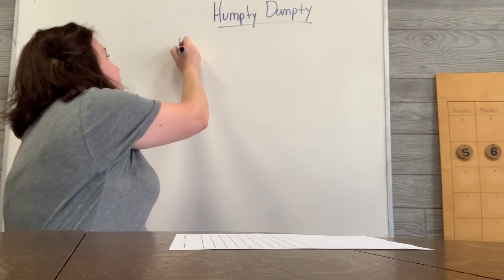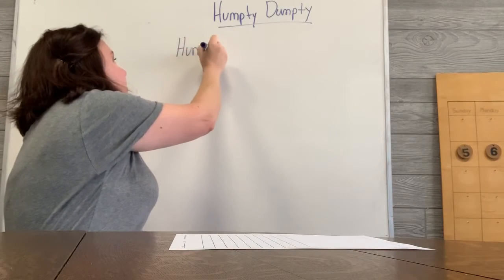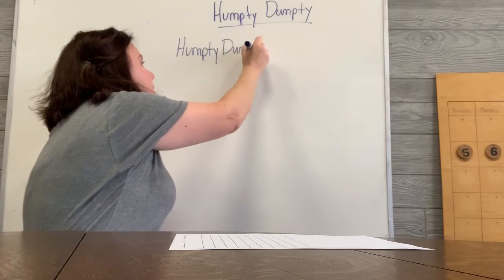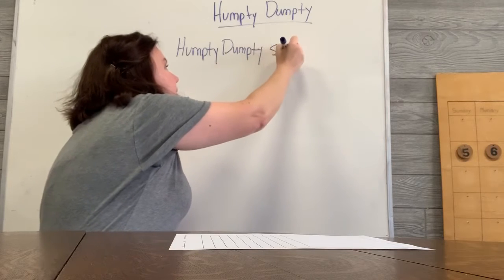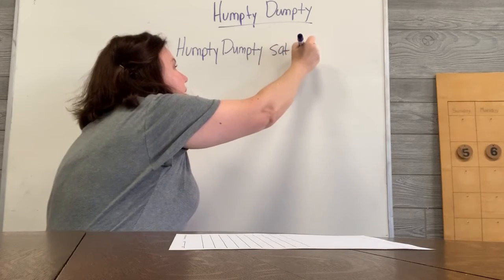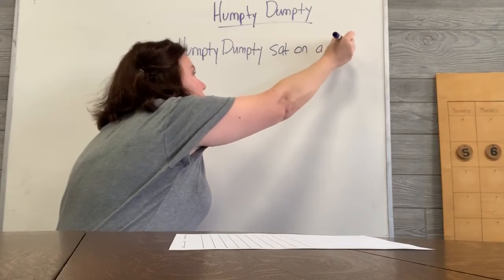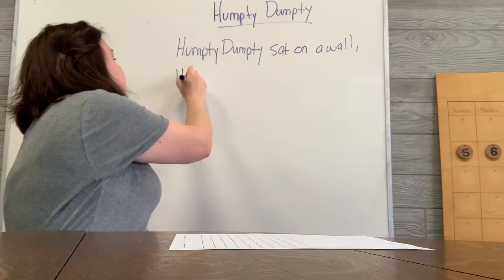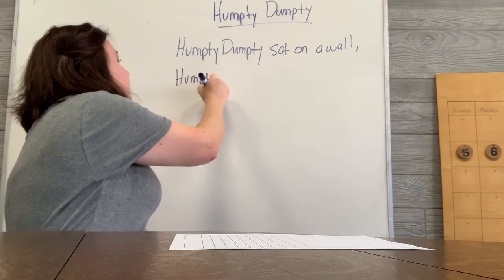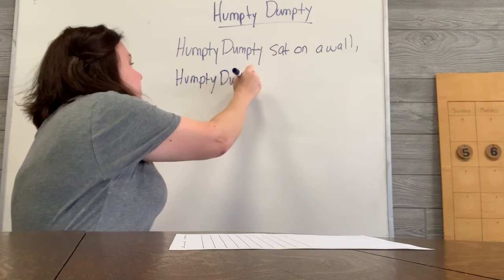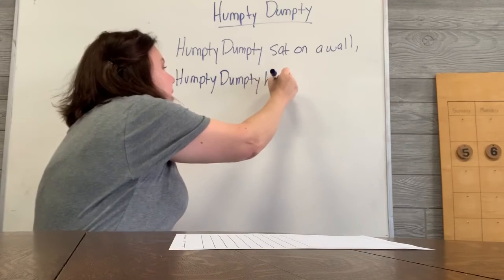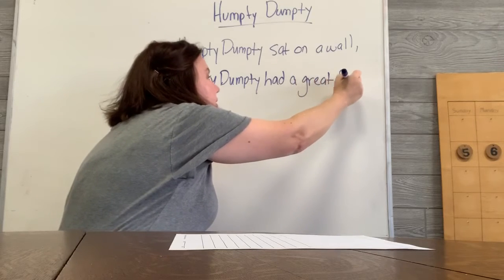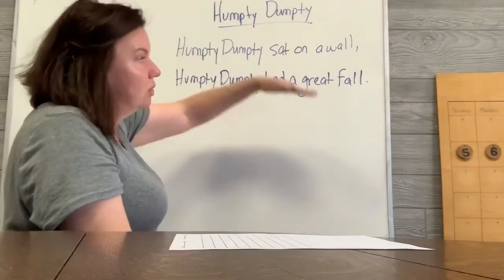So we're going to do Humpty Dumpty sat on a wall. Okay, everybody puts that. Then you say Humpty Dumpty had a great fall. Okay. This will be the same for everybody's.